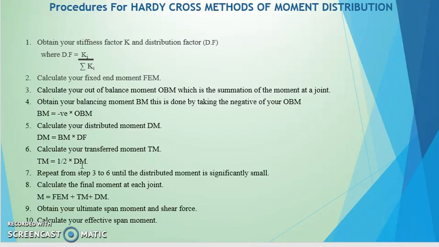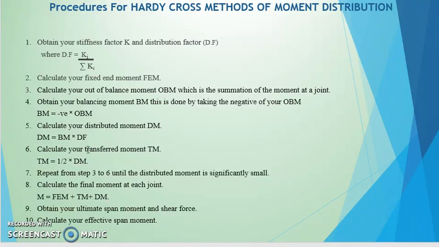That TM is half of the distributed moment. Then repeat from step 3 to 6 until the distributed moment is significantly small. Then the 8th procedure is calculate the final moment at each joint using this formula here, where you have that the final moment is the fixed end moment plus transferred moment plus distributed moment.